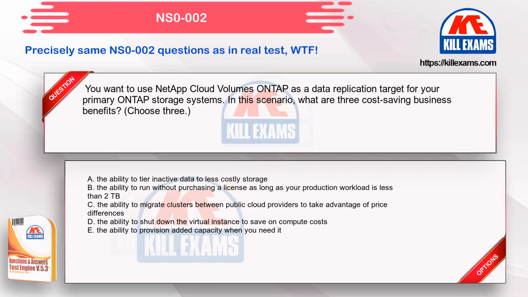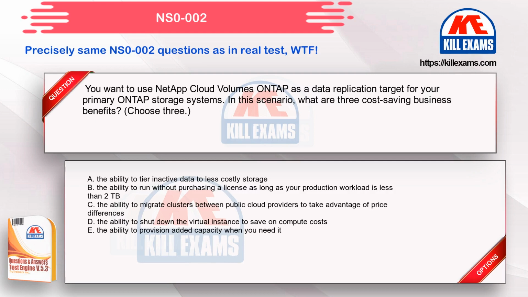You want to use NetApp Cloud Volumes ONTAP as a data replication target for your primary ONTAP storage systems. In this scenario, what are 3 cost-saving business benefits? Choose 3. Option A. The ability to tier inactive data to less costly storage. Option B. The ability to run without purchasing a license as long as your production workload is less than 2 terabytes.